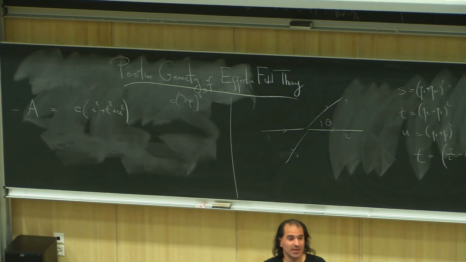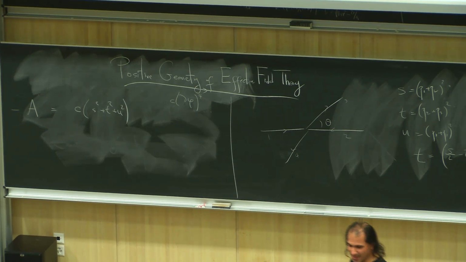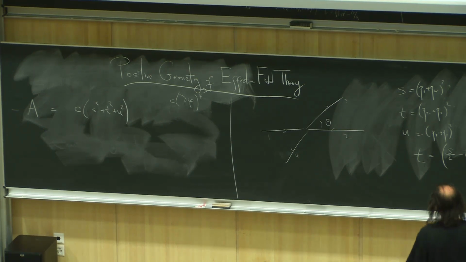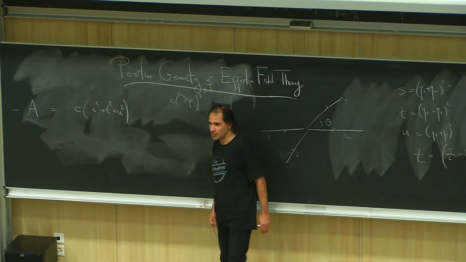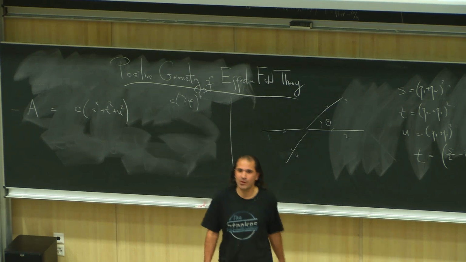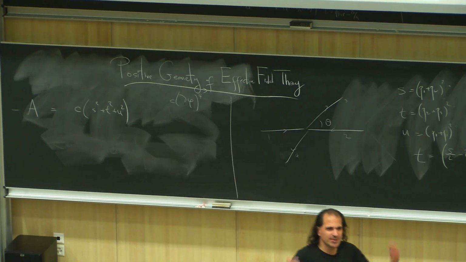Now why can we say something about the sign of C? Well, before saying anything very general and fancy, let's just imagine how we could get this effective theory. Where could this effective theory come from? What's the simplest theory you could imagine that gives you a massless scalar with a shift symmetry? Anybody? Goldstone boson, right?